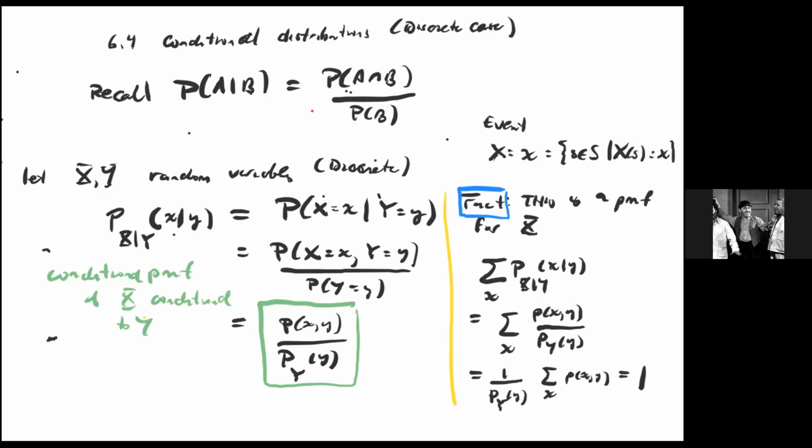Let me point out one also has an associated conditional cumulative distribution function for X. So this would be the conditional CDF. Its notation is given by the function capital F, X conditional to Y, of x, y.